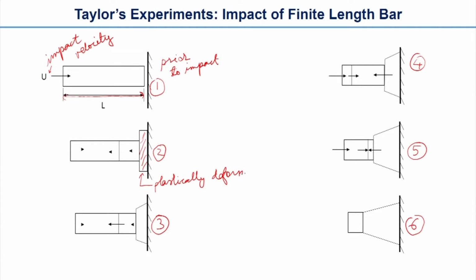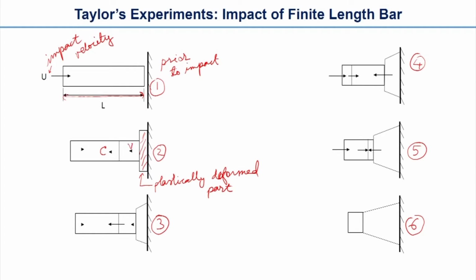The stress wave starts from the wall surface, and this is the elastic wave velocity c, which is ahead of the plastic wave.